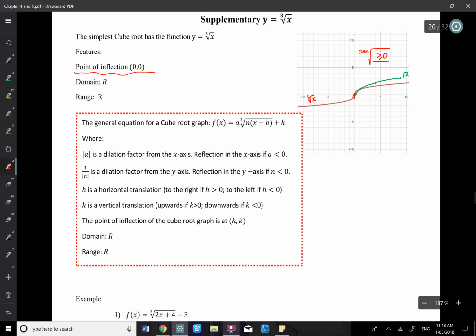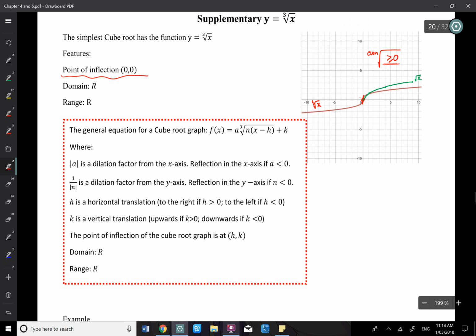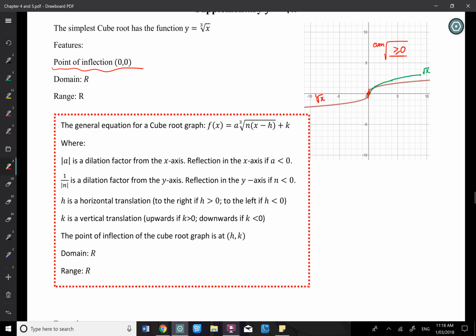Therefore, we can have a look at a general case. For the domain and range, just remember the general rule. If the domain is not restricted on purpose in the question, and it's the implied domain, the domain and range are always R and R for cube root.